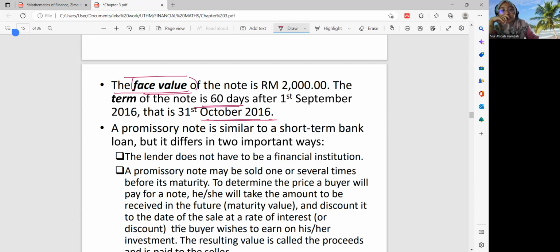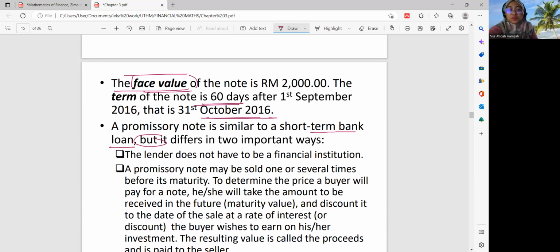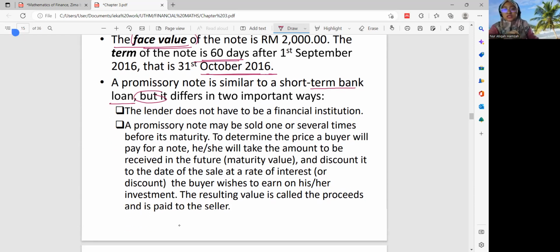A promissory note is similar to a short-term bank loan, but it differs in two important ways. The lender does not have to be a financial institution. A promissory note may be sold one or several times before its maturity.